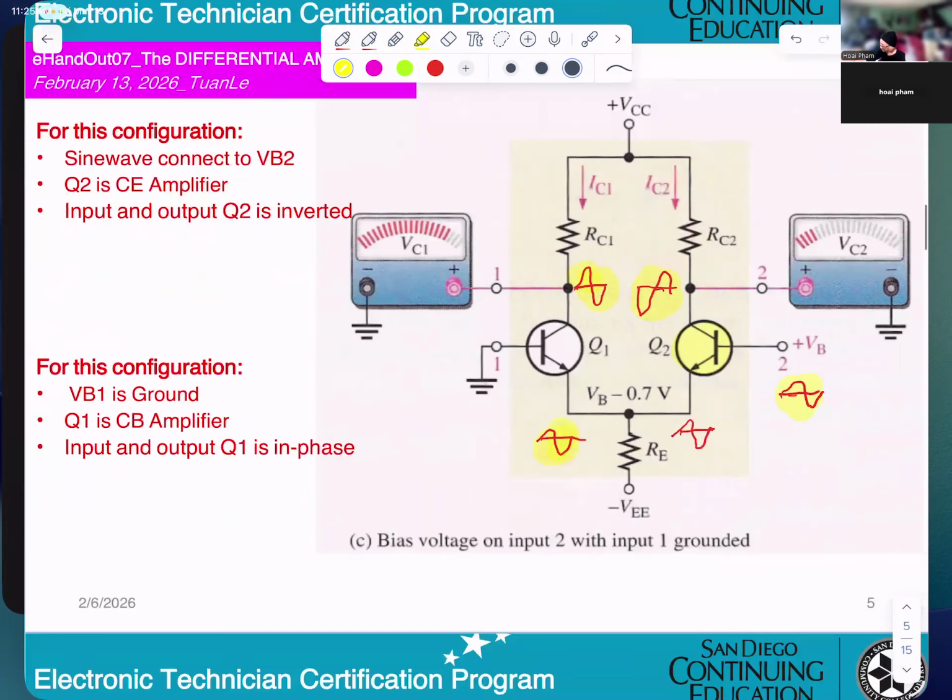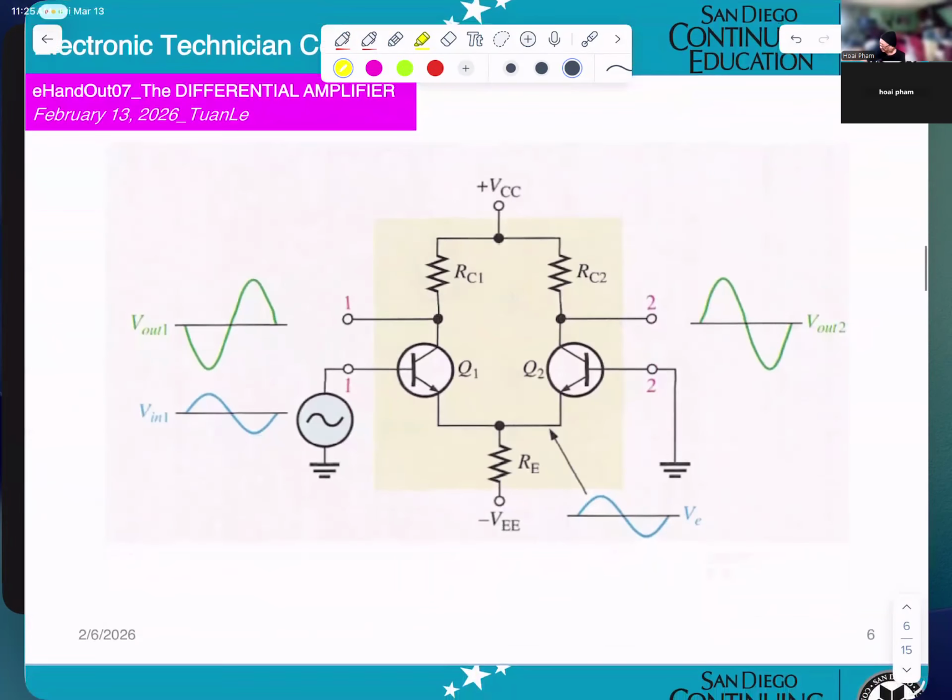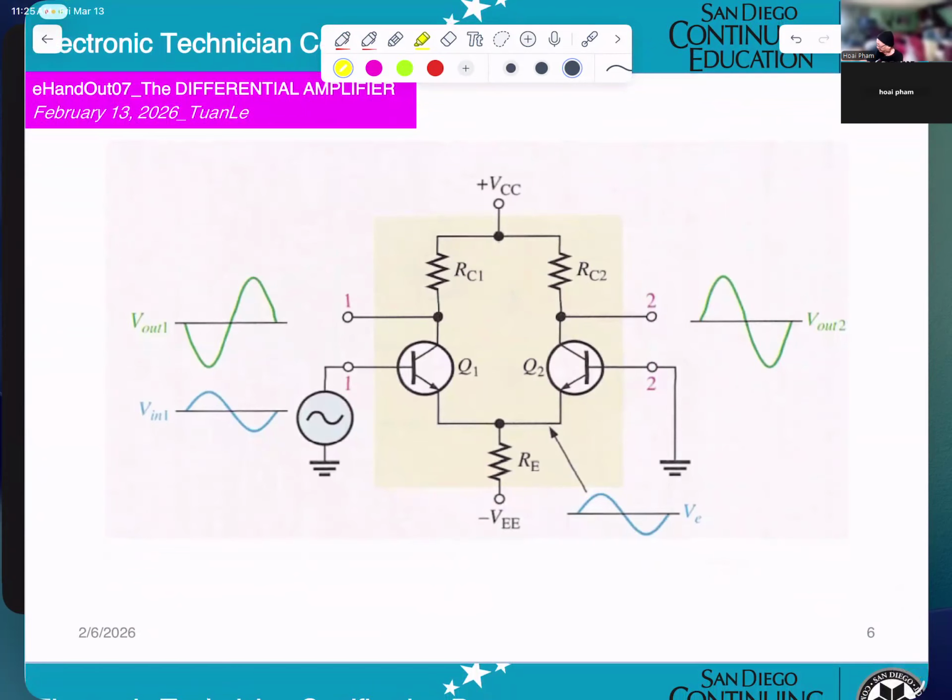Okay, they drew the picture just to make it clearer. So when they apply input to Q1 and input of Q2 is grounded, the output of Q1 will be the amplifier.